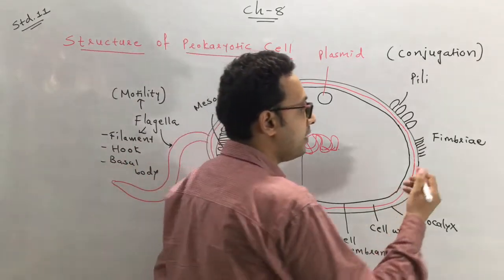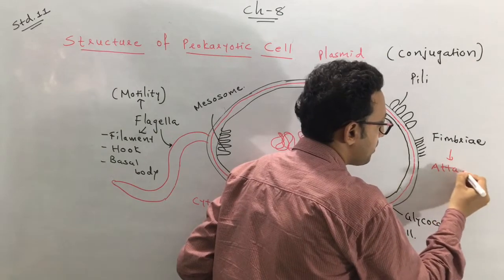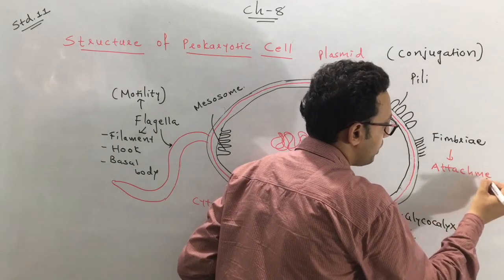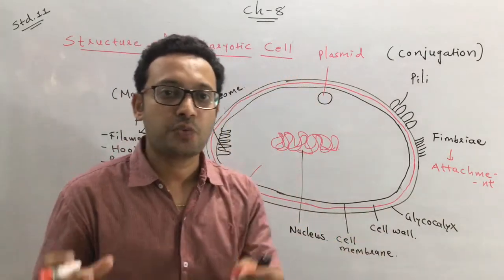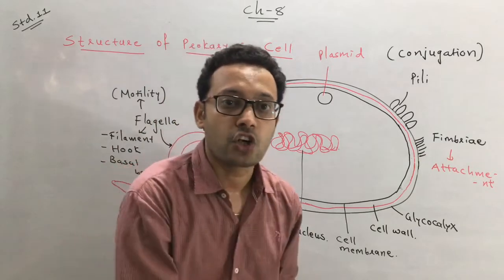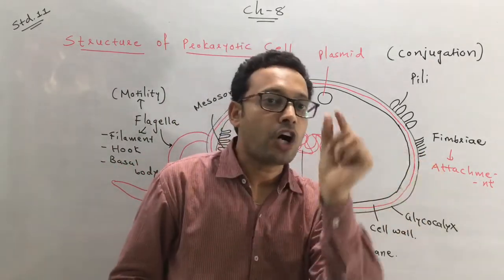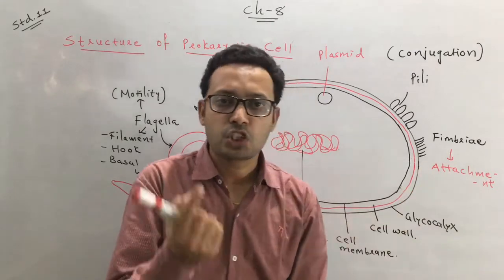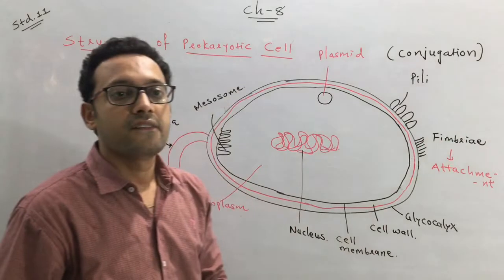The fimbriae play an important role in attachment to rocks and certain surfaces. That attachment of a bacteria to certain rocks and surfaces is due to the presence of small bristle-like or brush-like structures that arise from it, called fimbriae.